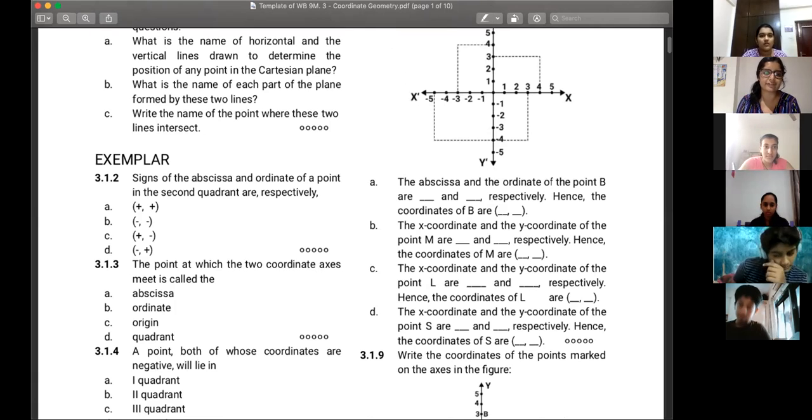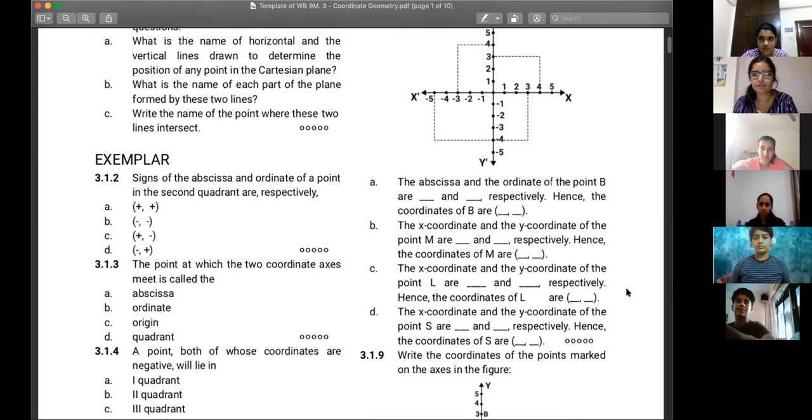It gives a chance to everyone. Aryan, this was your question. You could have said it. But yes. Second quadrant is minus plus. Absolutely right. And that is option D.